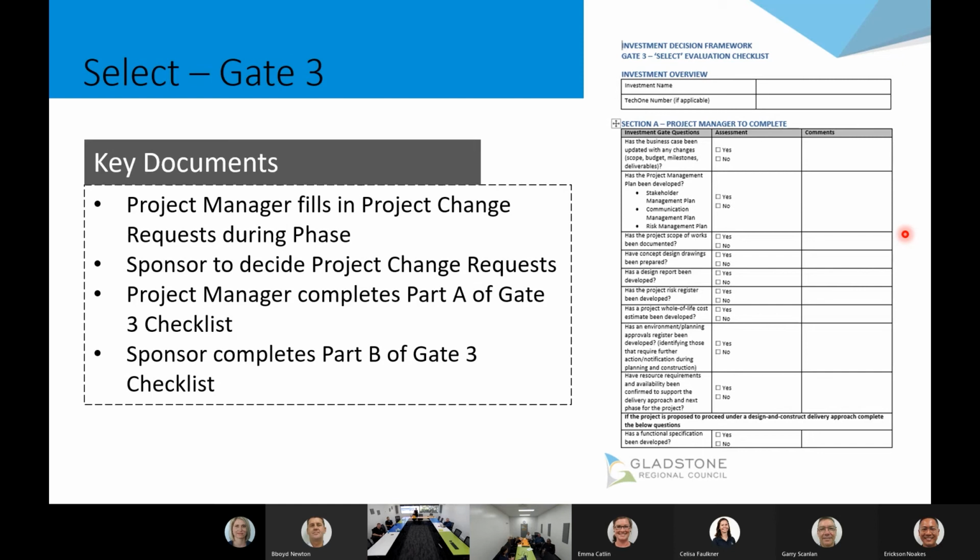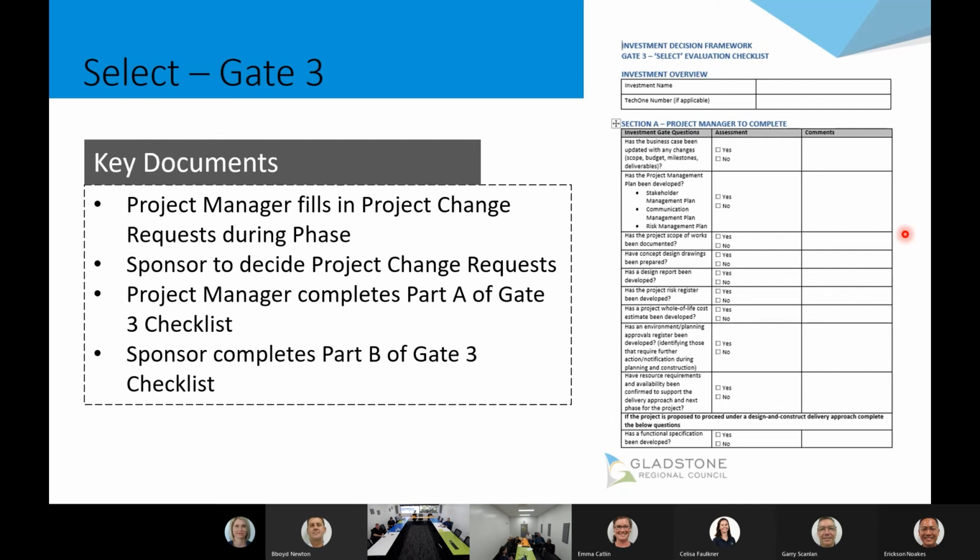So once we have done that work, or throughout that work, there might be change requests that come in because we uncover a whole range of different issues that then might change the life of project cost, or it might change the scope, and that needs to go back through to get looked at, particularly in the sense of, does this actually impact the validity of this investment? Does the cost benefit now mean that this isn't the right option? So that's what the change process triggers, that project change request.